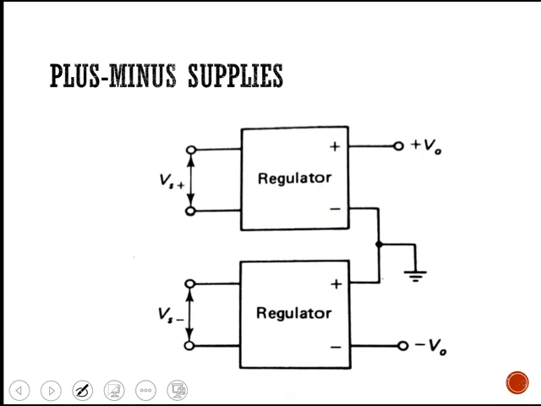So till now we have seen the circuits which give you only a positive supply. If we want to have both the positive supply and negative supply, then we have to go for this type of connection. So our unregulated input voltage is both positive and negative. We get a positive output voltage and we get a negative output voltage. This is what we call a dual supply.